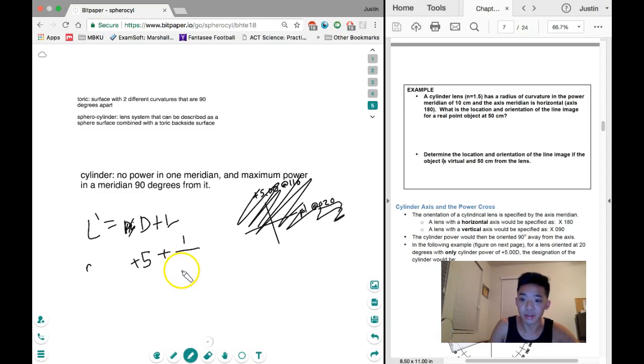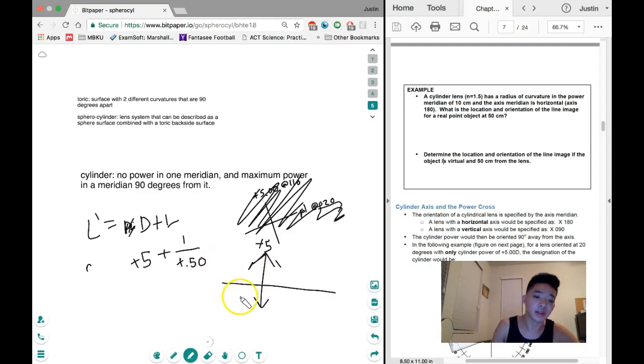The object is virtual. Let me draw this out. You have a plus 5 refracting lens, and if the object was on this side, it would be negative. But since we have a virtual object, it's on this side, so that gives you a positive value here. And we want x prime.